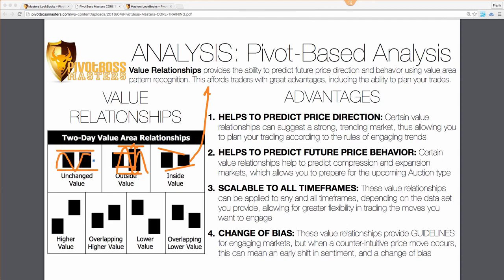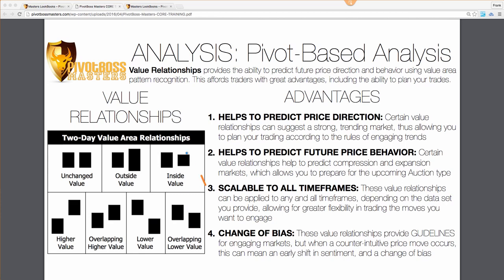Unchanged implies trading range bound but due for expansion, right? They each have certain guidelines. Higher value implies a bullish trending phase, so you should be looking to defend pullbacks. Overlapping higher value implies a lazy bullish trend, very choppy, lazy trend. And lower value is a bearish trend, and overlapping lower value is a lazy bearish trend.